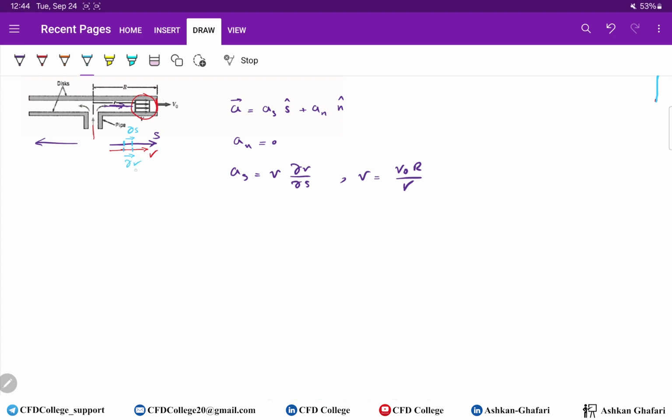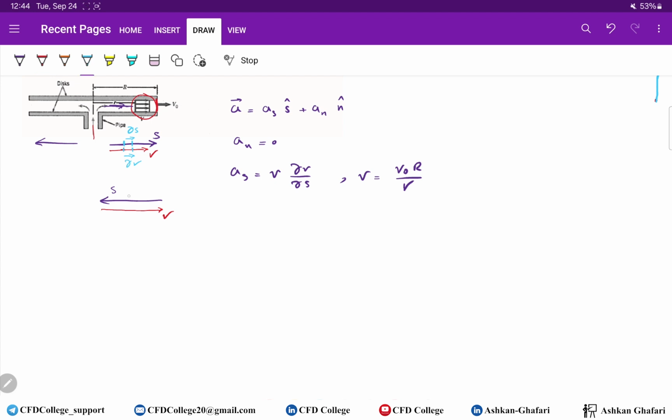So it's delta R. You will see in the next problem, where we have this streamline, the flow moves from right to left, while the R coordinate is in this direction, from left to right.